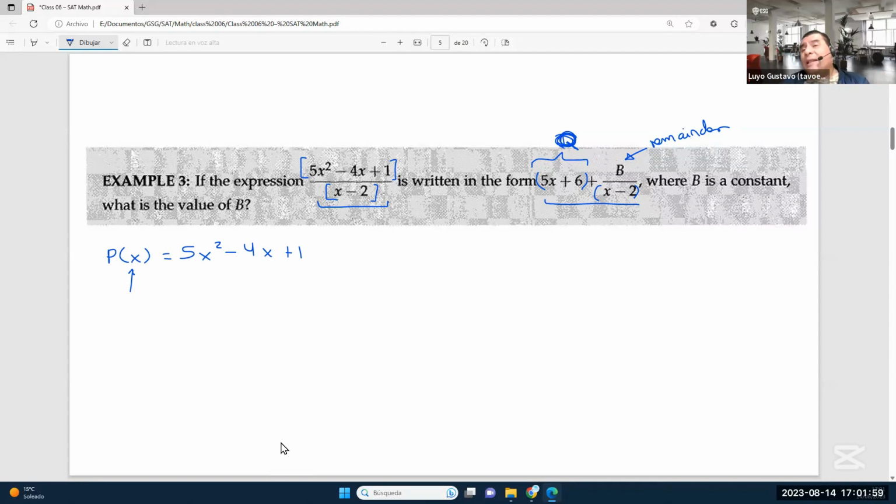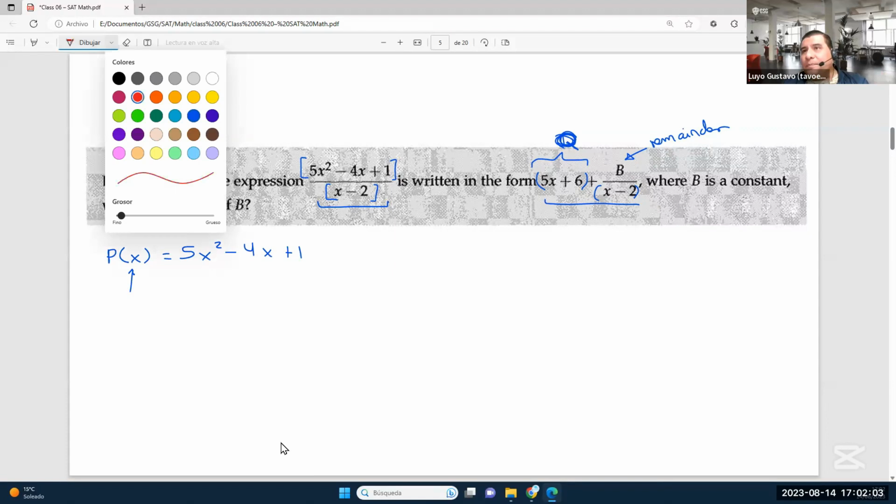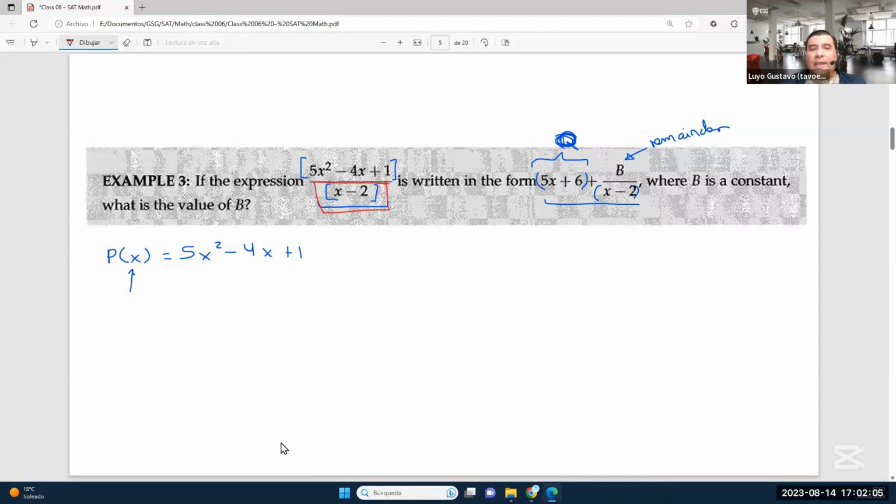So what value of x makes this part 0? Can you tell? Which x makes that 0? Not so hard, right?